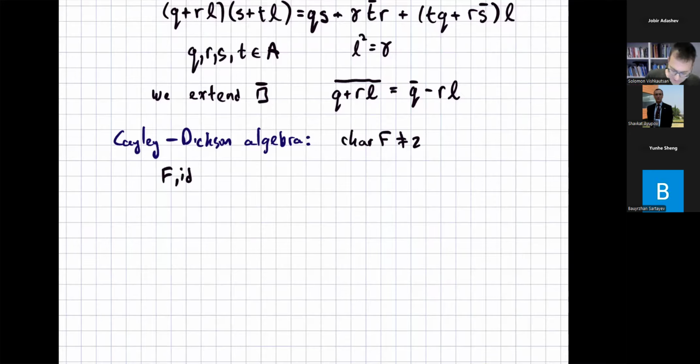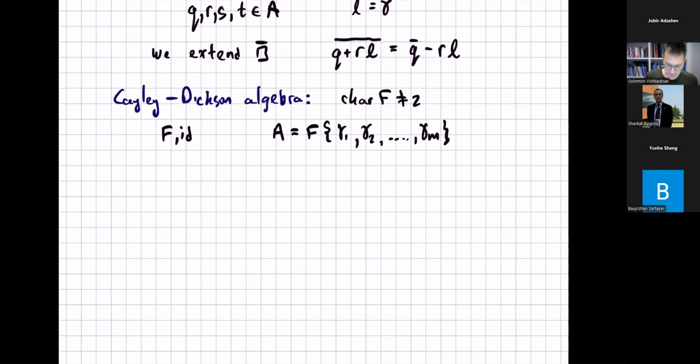Then we do the Cayley-Dickson doubling over and over with gamma 1, gamma 2, etc., where in each step we double the dimension of our algebra.